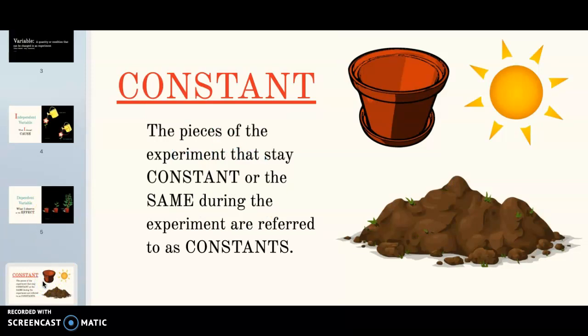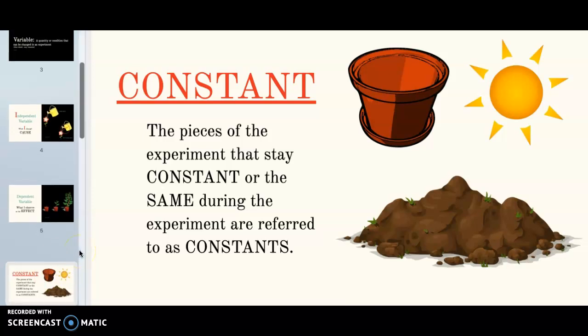There are other pieces in an experiment that are incredibly important as well. One would be the constant. And the constant is the piece of the experiment that stays the same. So, just like we stated earlier with our sailboat, we can only make one change. So we can only change the shape of the sail or the length of the boat. Everything else must remain the same.